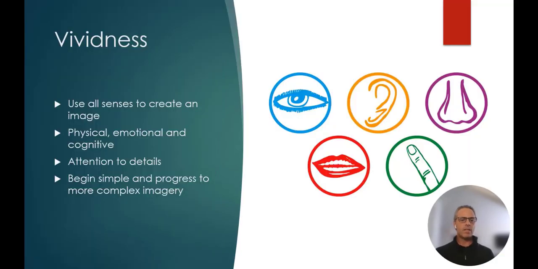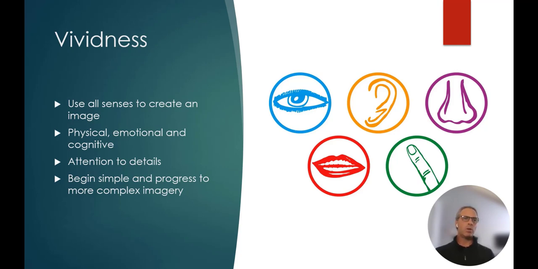Okay, vividness essentially encompasses all our senses. Okay, so we're talking about sight, hearing, smelling, tasting, touching, those kinds of senses. When we do imagery, the more that we can incorporate more senses and the intensity of those senses, the better the imagery will impact our behavior and performance.